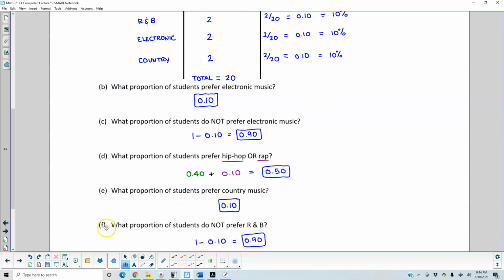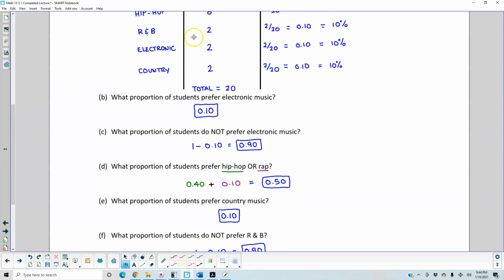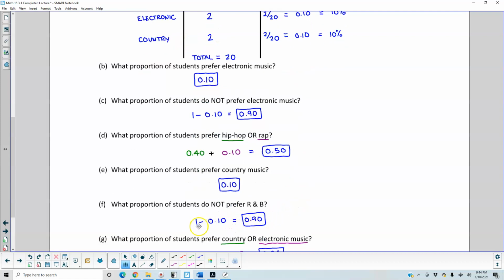And then for part F, it says, what proportion of students do not prefer R&B? So we go back and look at R&B, and we see that the proportion is 0.10. So we're going to take 1 and subtract 0.10, and that tells us that 0.9 of students do not prefer R&B.